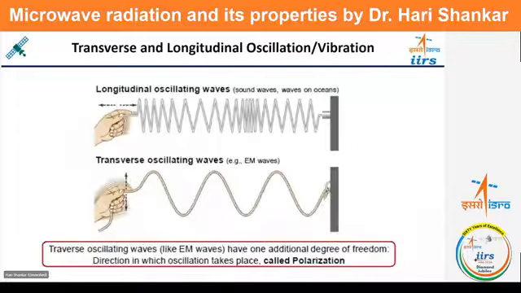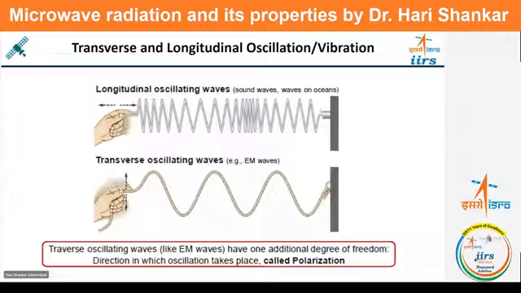Now here we can see the types of motions, vibrations or oscillations which are happening in waves. This is the example of the longitudinal wave. Suppose some spring is fixed at the wall and we are pushing it away from the wall or towards the wall. Somewhere it is elongated, somewhere contracted.